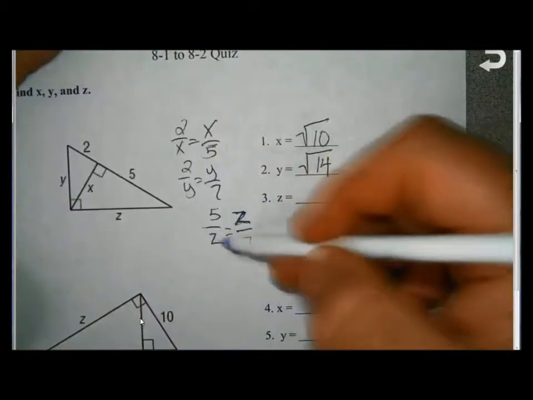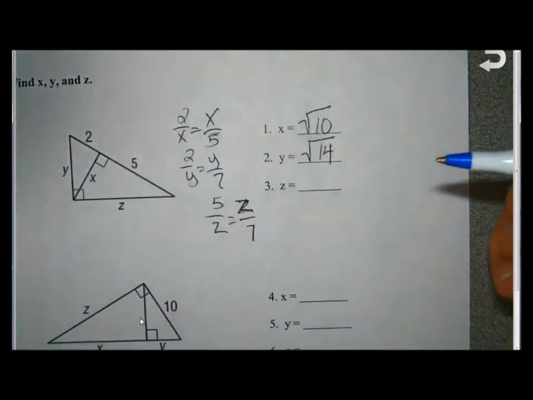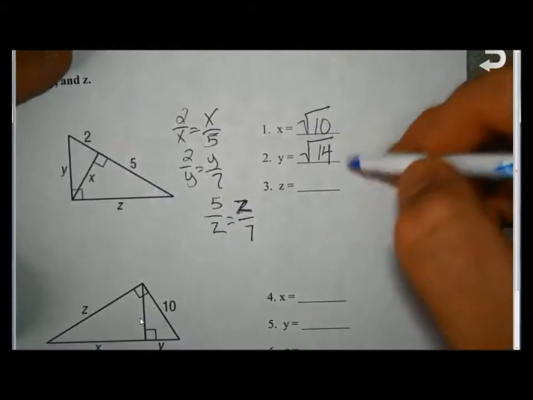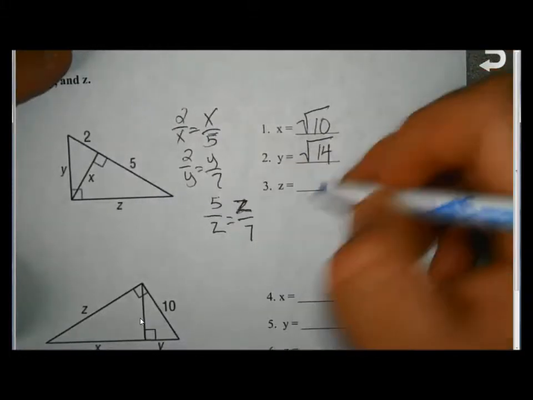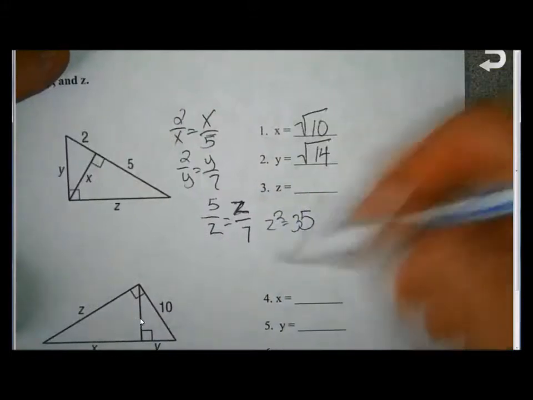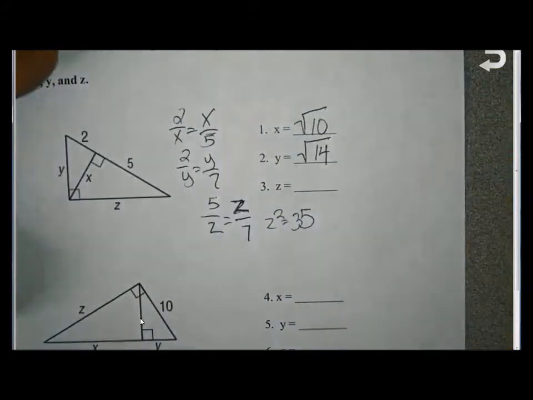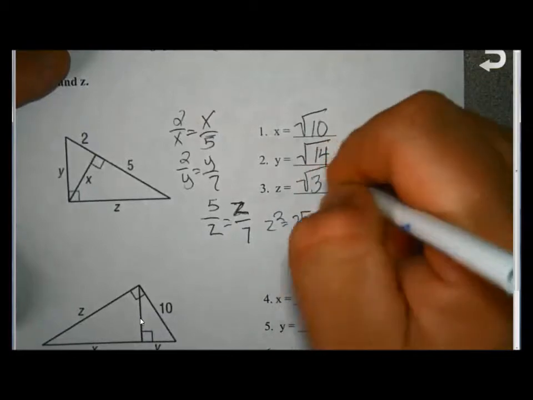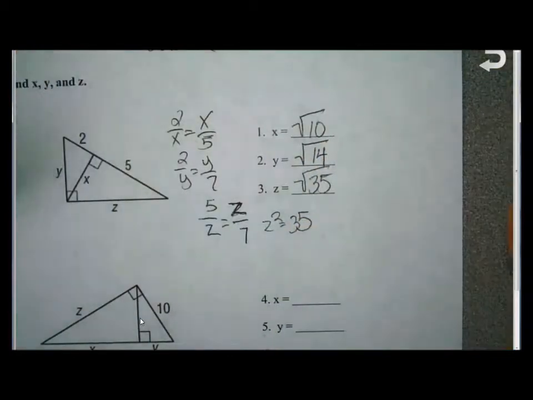What do you get here? 35. Okay, and so then you get z squared equals 35. So then when I take the square root of that, I can't reduce it. So it's just going to be the square root of 35. Okay? Make sense? All right.